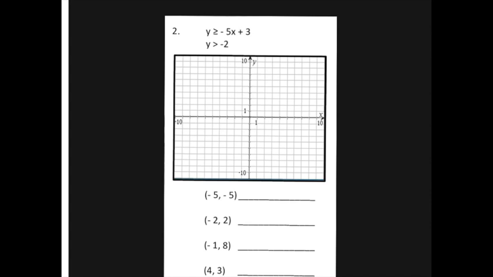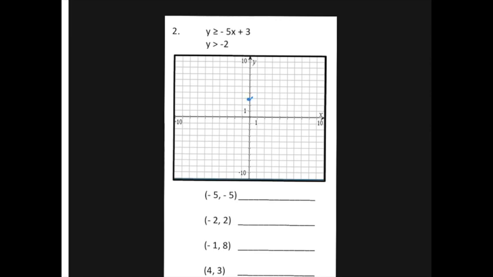Okay, so after looking at our calculator, we can start graphing our lines, inequalities. So the first point that I know that it was given to me was 0, 3. So that means that right there, it's a point for my line.